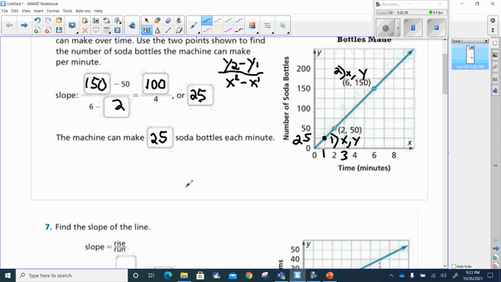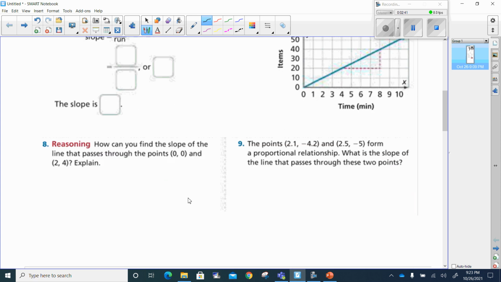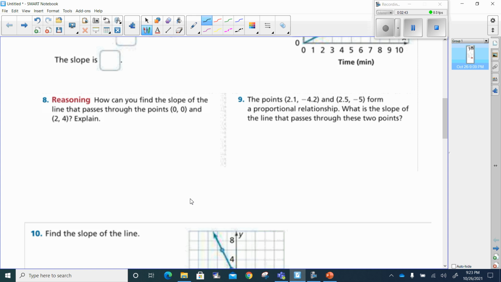All right, let's go ahead and go to number 8. How can you find the slope of the line that passes through point 0, 0 and 2, 4? All right, so if this was a graph, we know one of them goes through 0, 0, right?